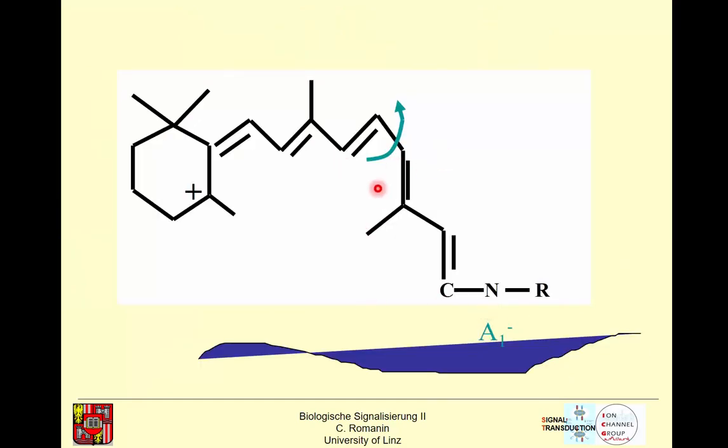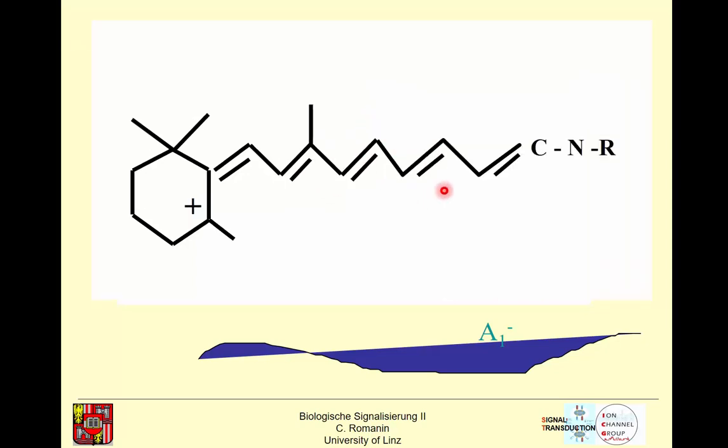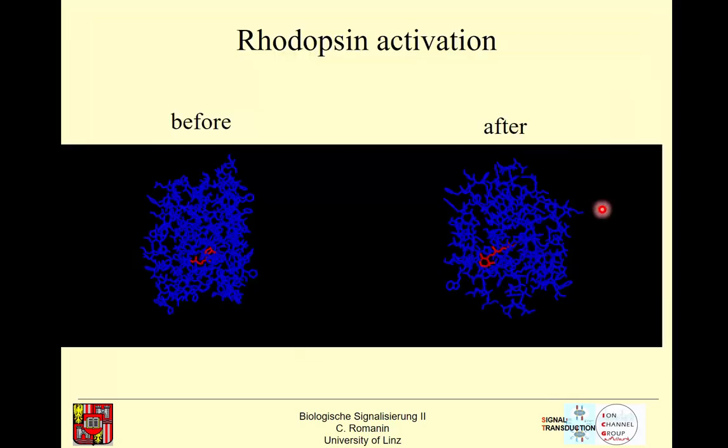So this is now the flipping over from the cis, and you can see it here, into the all-trans conformation. And when we have a look at the conformational arrangement of the whole protein, of course we see here the change in the chromophore, but you can also dramatically see a change in the overall protein conformation.